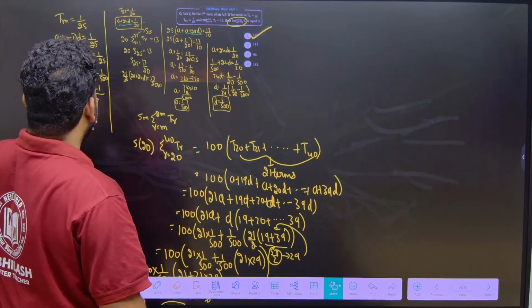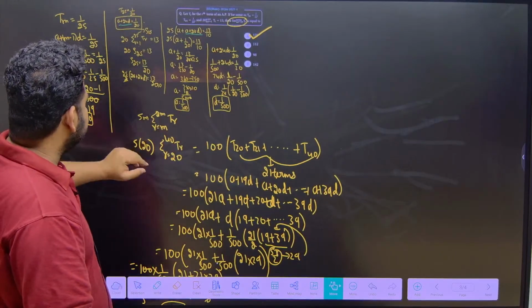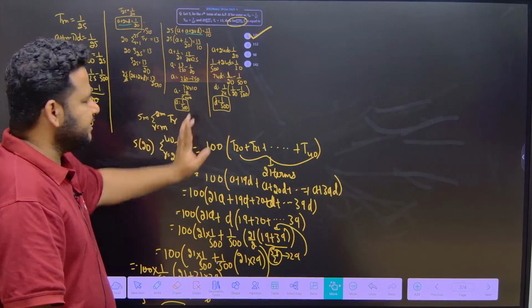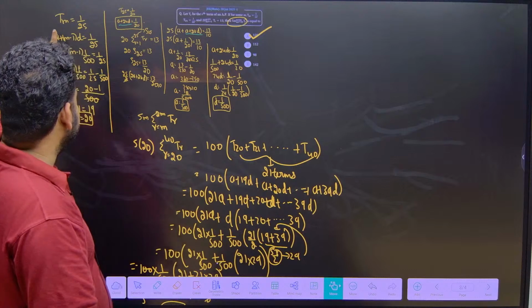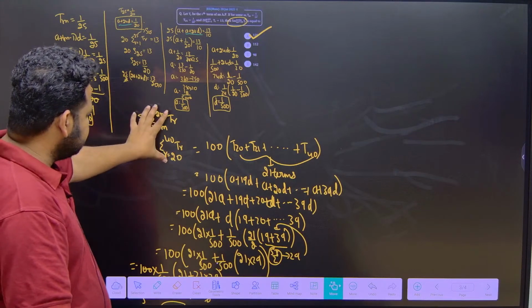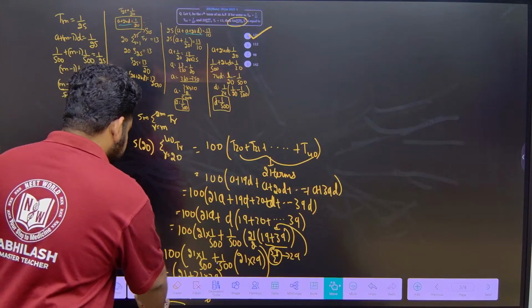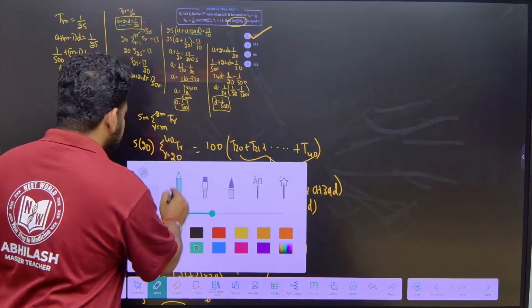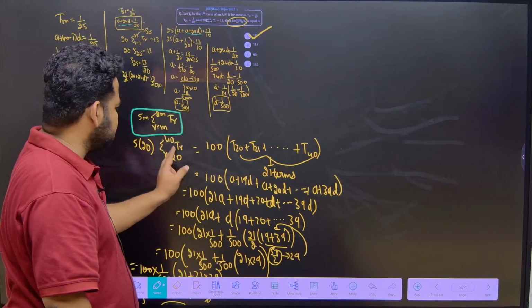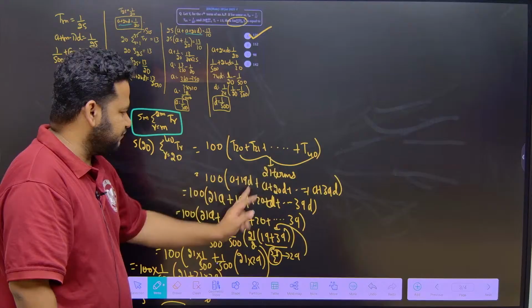First I took T25, then S25 as given. Based on that we got A and D, then we found T of M and got M equal to 20. Then we found what they are asking in the question, so we substituted the values. Here we did some modification, this will be 21 terms.